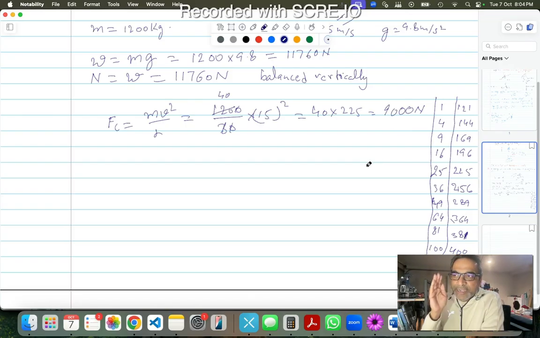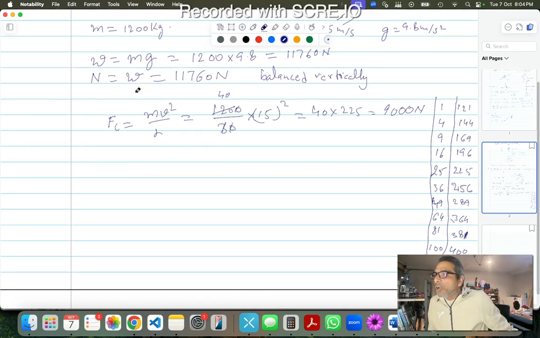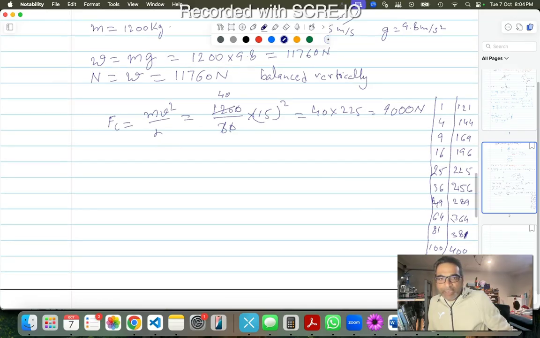We should not sit in one sitting and try to remember. Do it daily. Write it down once daily, and you will see that over two or three weeks you will learn these values by heart. All right. So the centripetal force is this, the normal weight is this, and the actual weight is going to be like that.